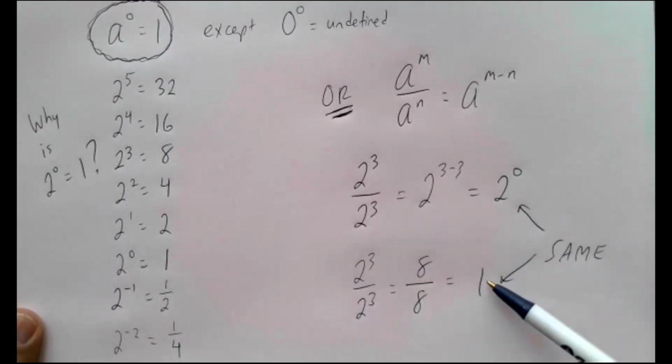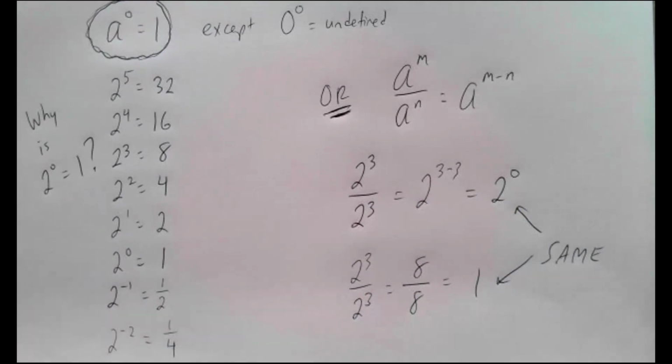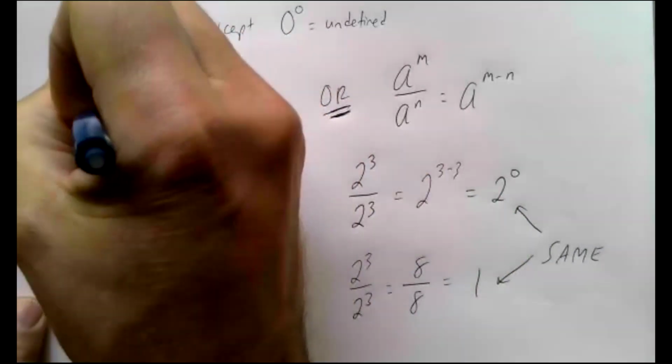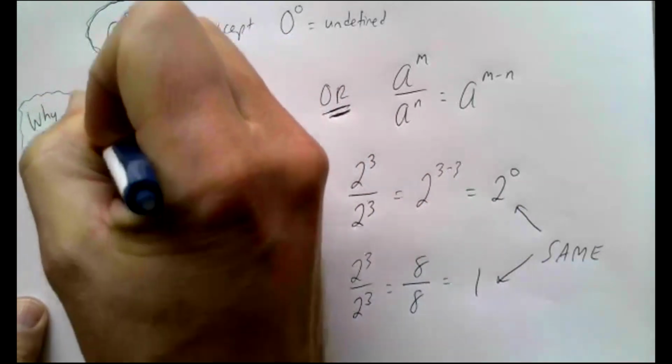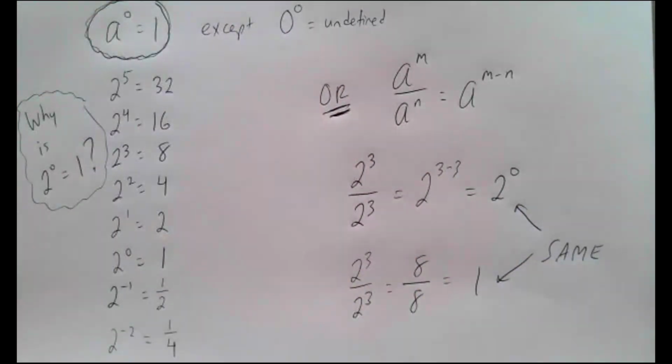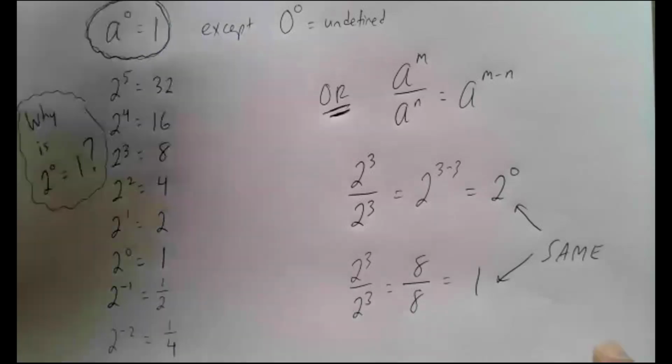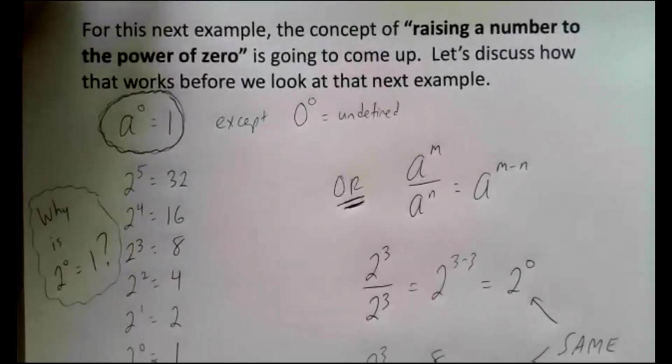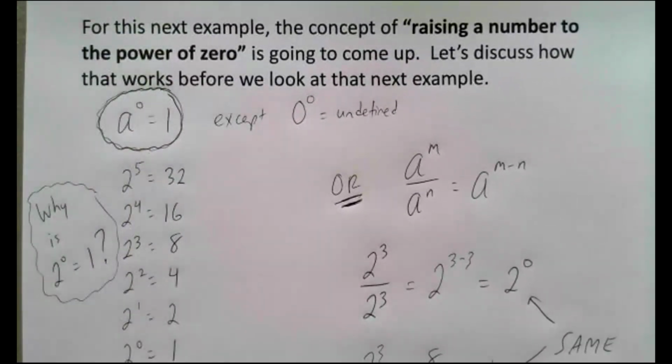So those better be the same answer. So it's just a couple different ways of describing why 2 to the power of 0 equals 1. I just focused on 2 because I had to pick a base, but this is true for any base. Any base to the power of 0 is always going to be 1. I say all that just to go to our next example because that's going to pop up in our next example, and a lot of people get confused about that.